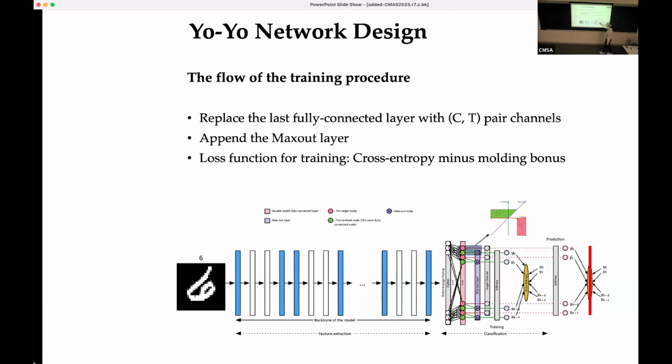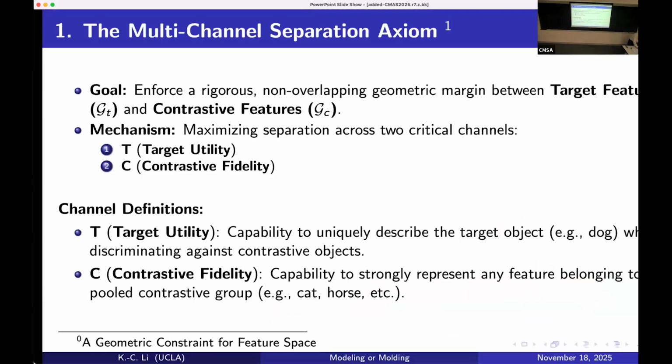So how do we do this self-critic? That's the thing I want to talk about. It's a design issue. So the main idea is that instead of having only this feature to represent a particular class, I would like to have a counter feature, saying that your feature is not capturing the right thing.